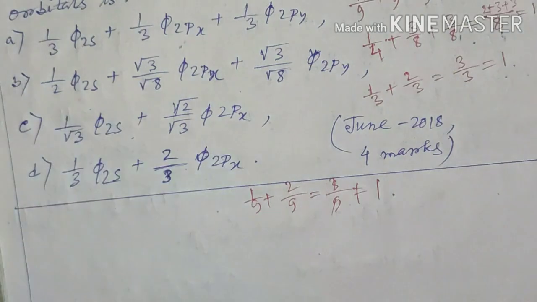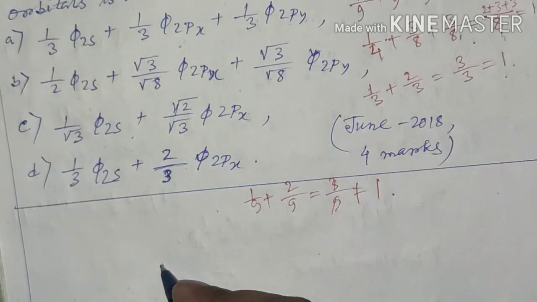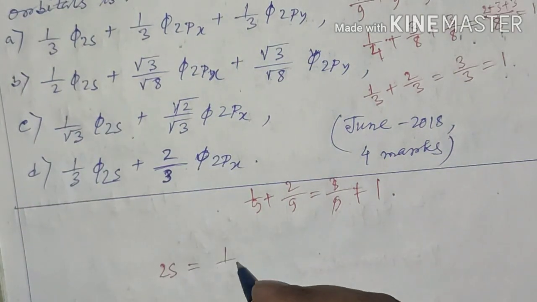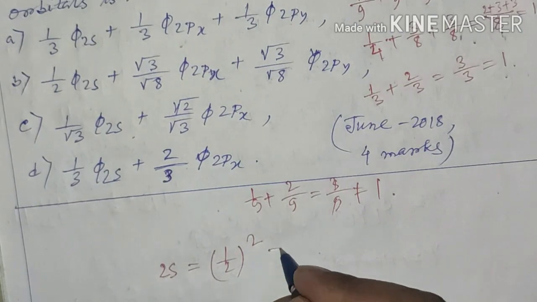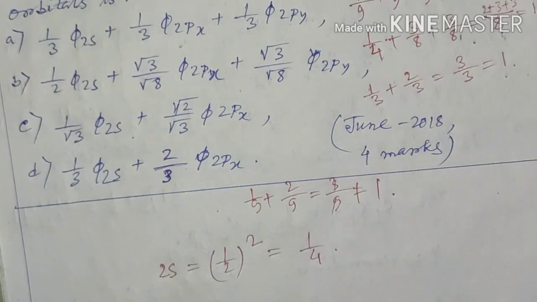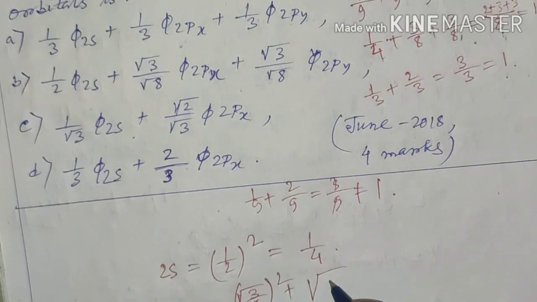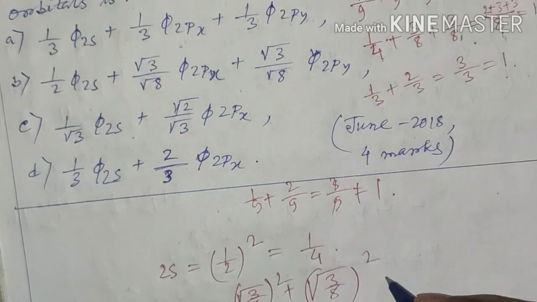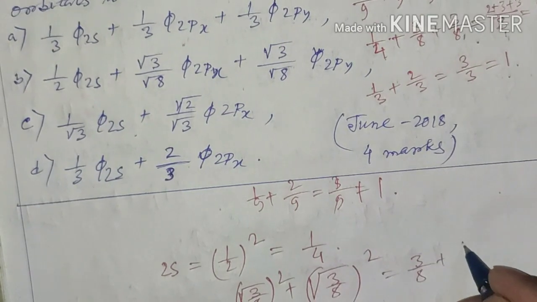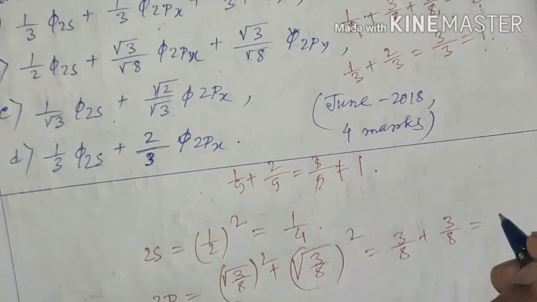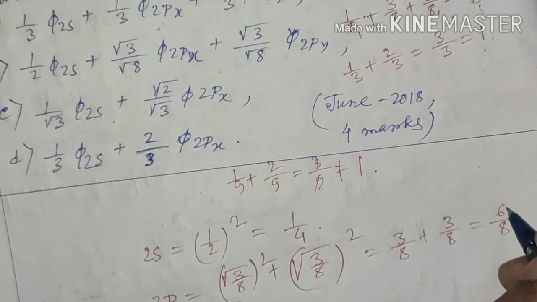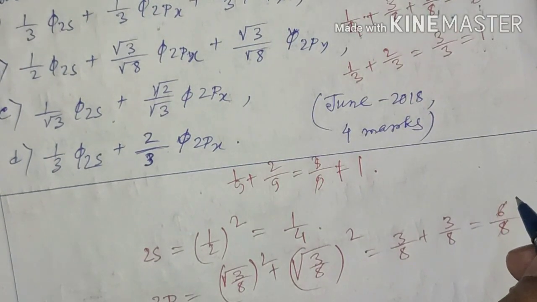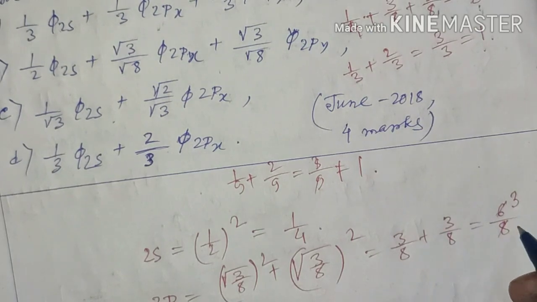For the second wave function, the contribution for the s orbital will be c1 squared, that is 1 by 4, and for the p character it is 3 by 8 plus 3 by 8, that is 6 by 8, that means 3 by 4.